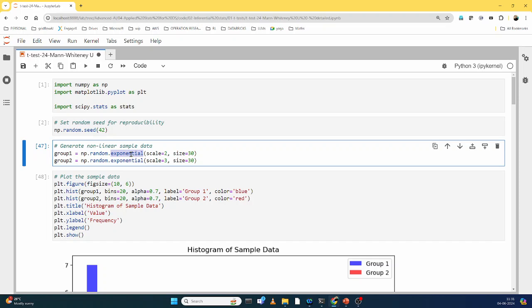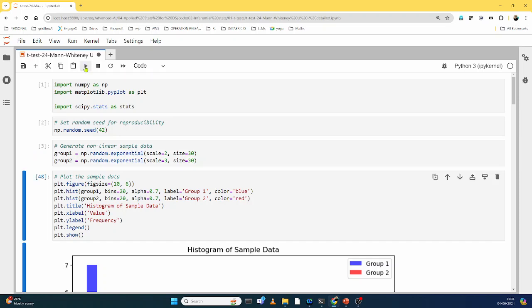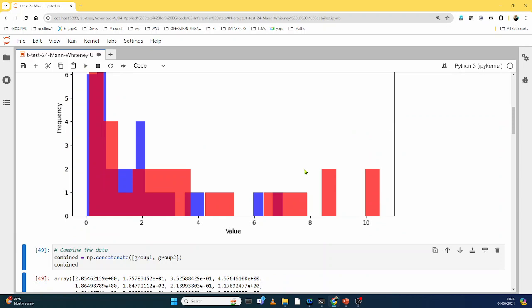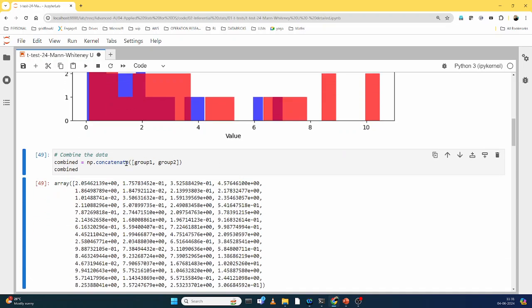So I'm using exponential distribution for a specific reason. The plot of the data will show you the data is really exponentially distributed, not a normal distribution. And if it is not normal, then your normal t-test will not be applicable, or you should not use the normal t-test.